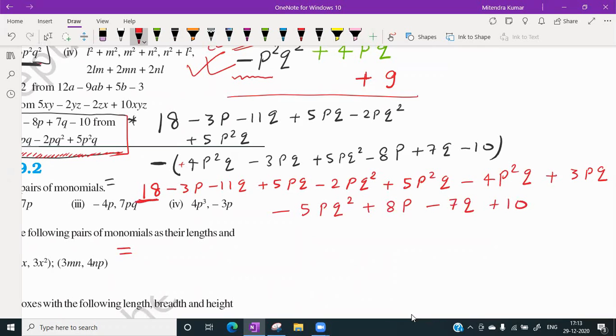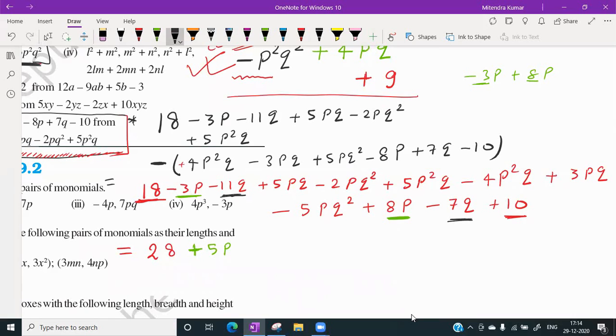So these are numbers, we will combine numbers with numbers, addition or subtraction. There is one more number, so 18 plus 10 is 28, this is done. Next, 3p. Is there p anywhere, are there like terms? Yes, we have like terms. So it is minus 3p plus 8p. It's like minus 3 apples plus 8 apples, it will give 5 apples, we will write 5p. Next, q. Do we have q?